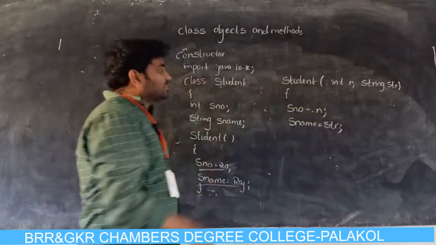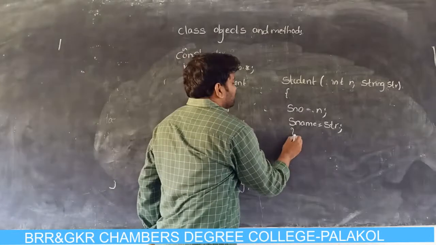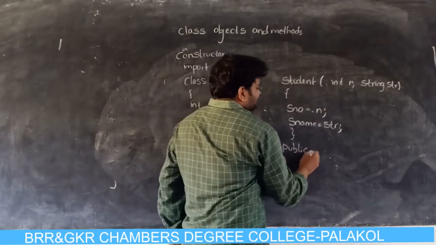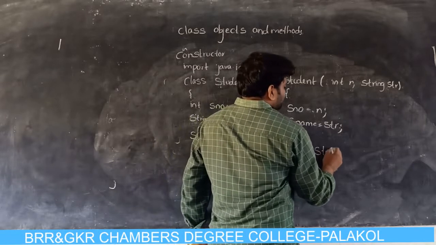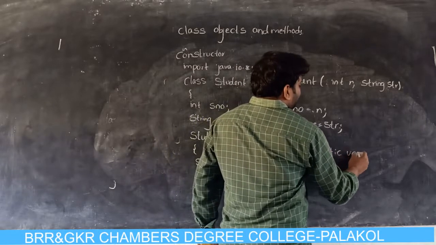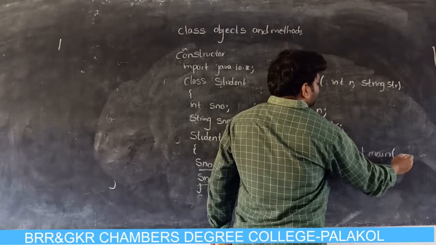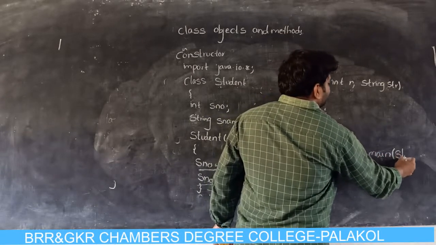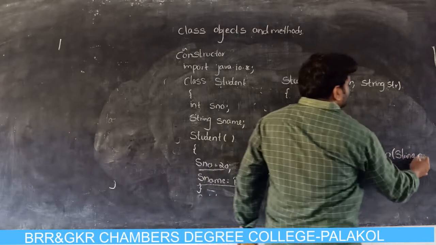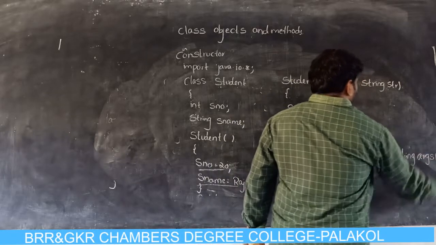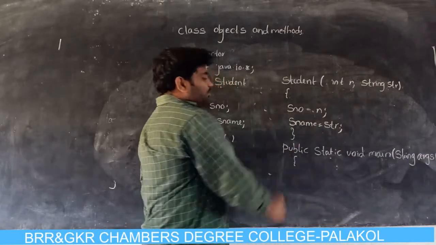Okay, assign the values using these. Next, you create the main method: public static void main, String args, curly bracket open.